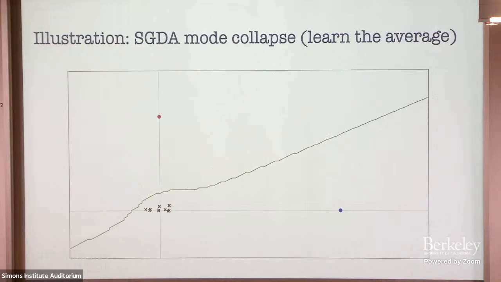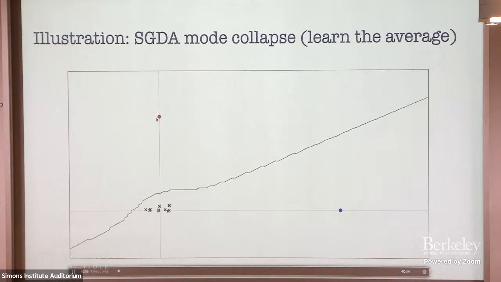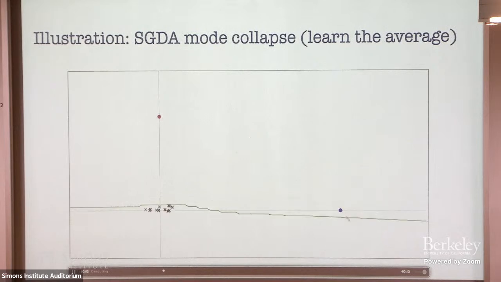If we look at an illustration, what happens is that the discriminator, because of the cubic nonlinearities, is in any case learning the direction of U1 plus U2. Once the weights of the generator start to catch up, it's too late, and they only get the direction U1 plus U2. Here is U1, here is U2.